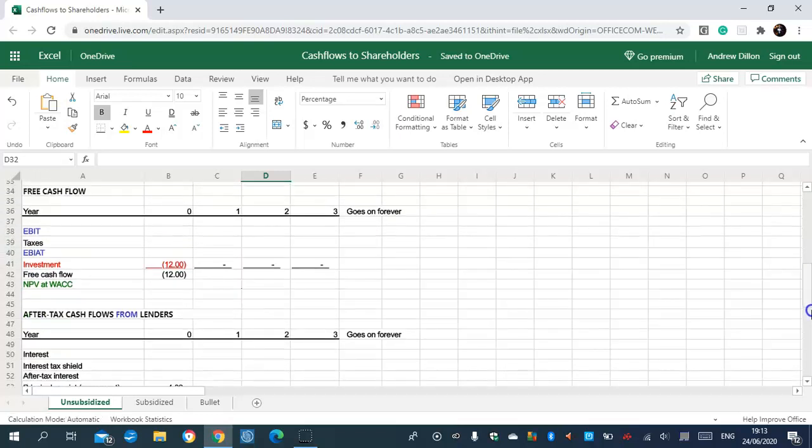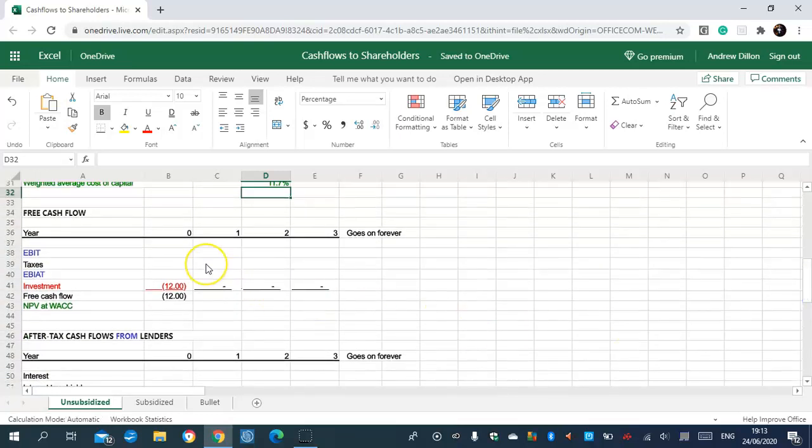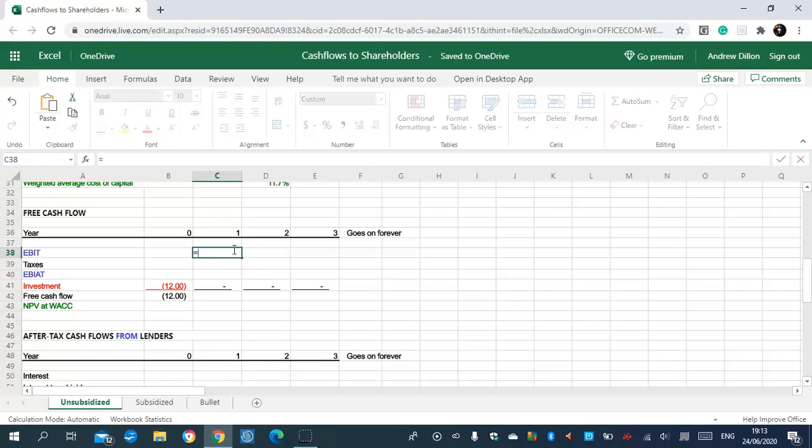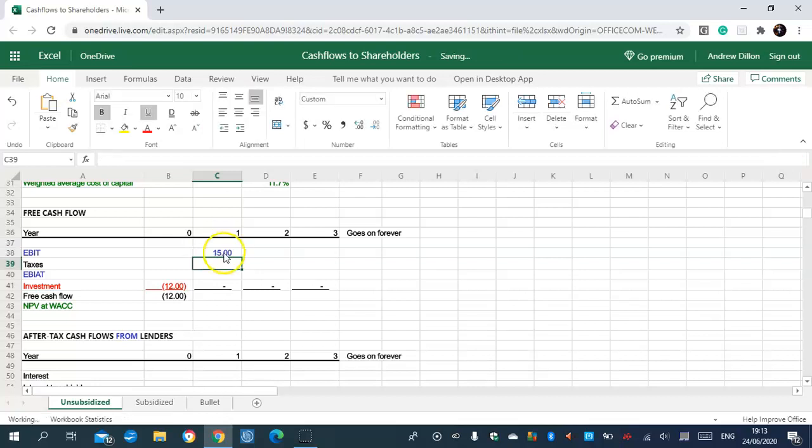Next step is to find the free cash flow. Same again, you're doing dollar signs and match it with EBIT.